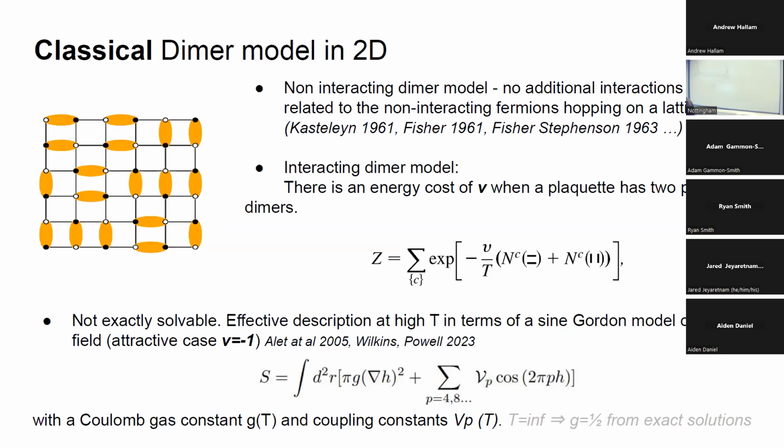In the case of non-interacting dimers, which can be mapped to free fermions, you can calculate the effective partition function, and you can show that G with this notation is exactly equal to half from the exact solutions that you can get.